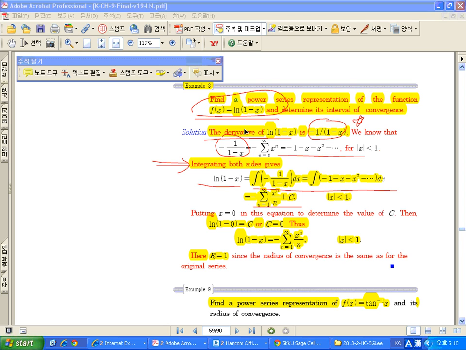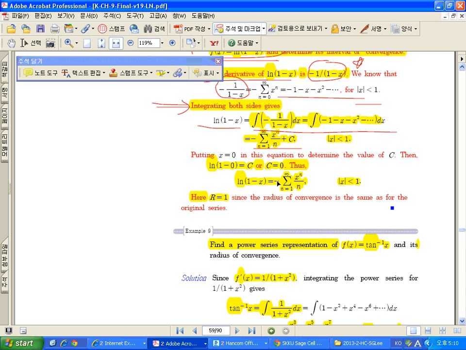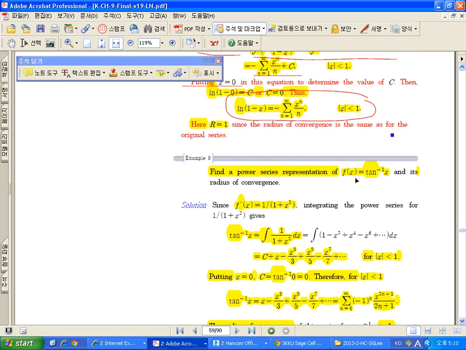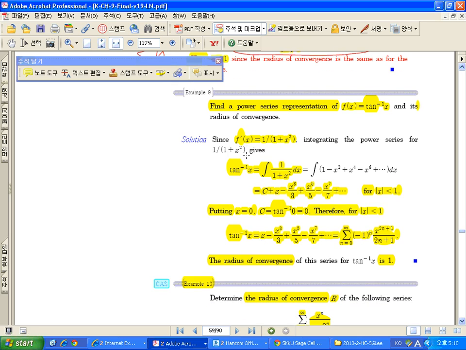This is a very useful fact within the interval of convergence. Putting x equal to 0, we can easily figure out this constant c. Let x equal 0 to determine the value of c, which makes ln of 1 minus x this. So with a simple fact, we can deduce lots of results.